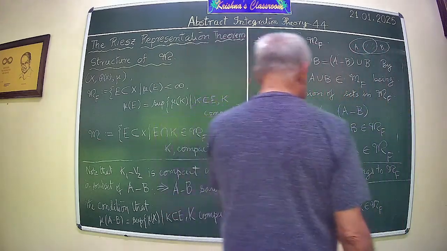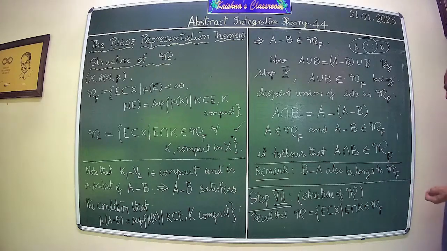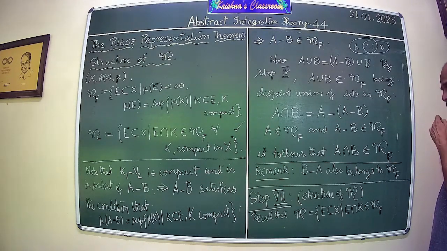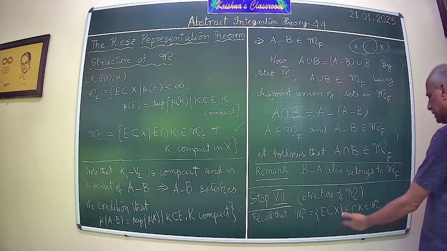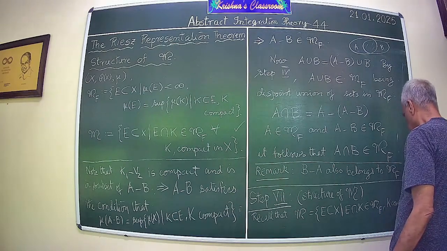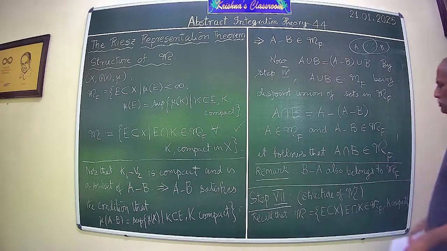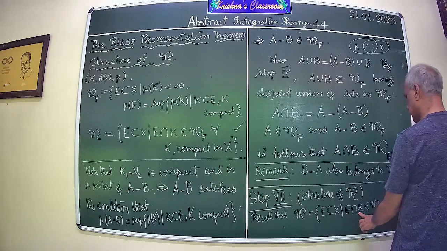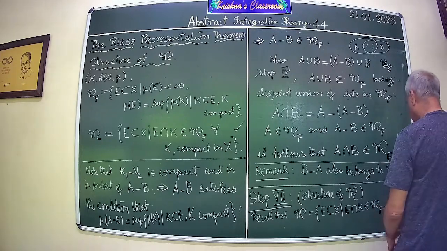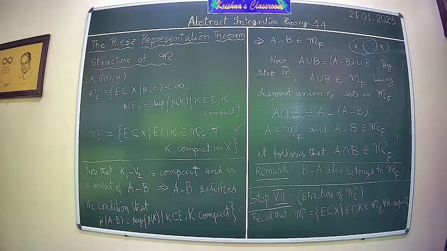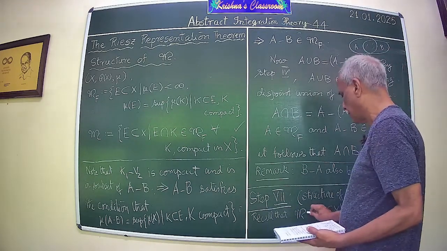MF is a test collection of subsets to determine which of the subsets of X are in M. So this is the definition of M.